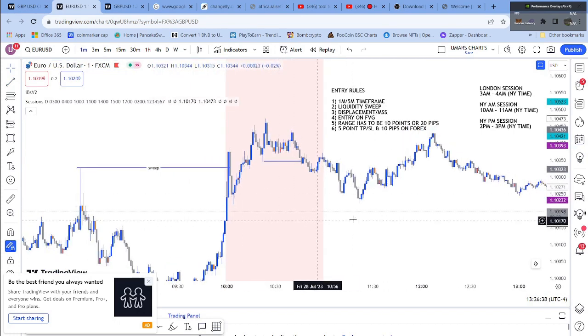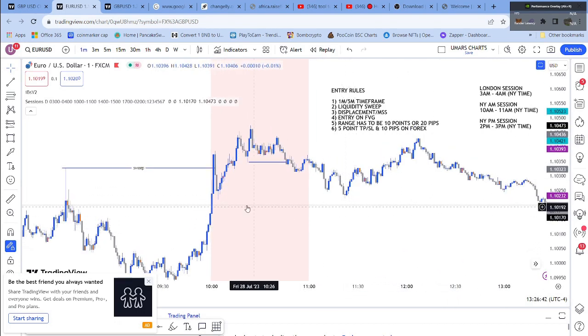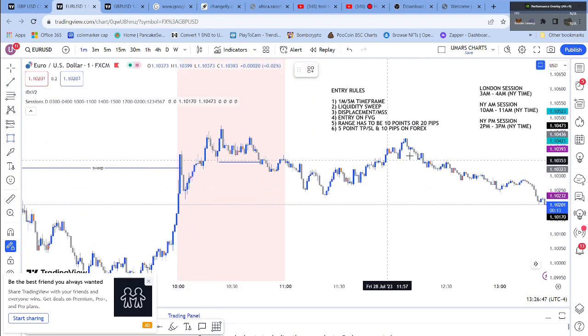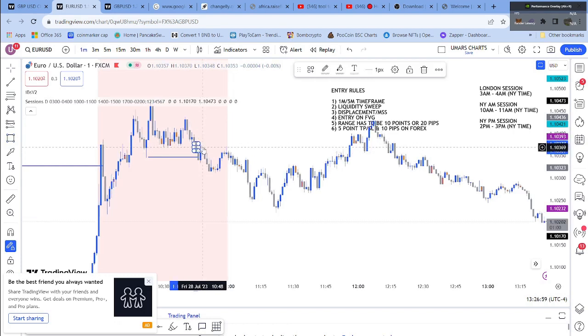After identifying that, we have to identify our fair value gap. If we zoom in here, we can see this small fair value gap that has been left behind from this candle, at the bottom of that candle.